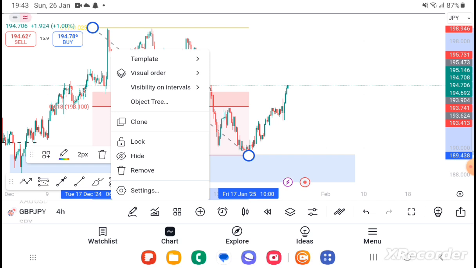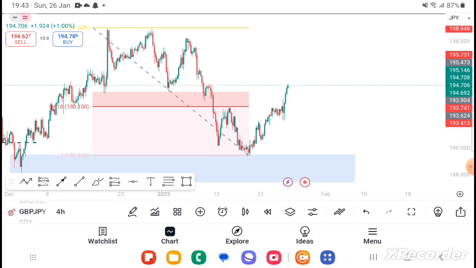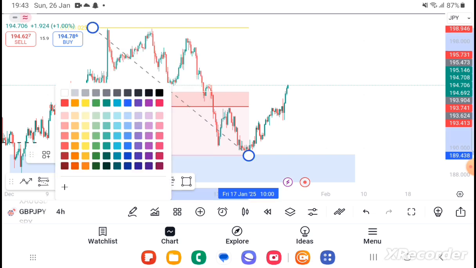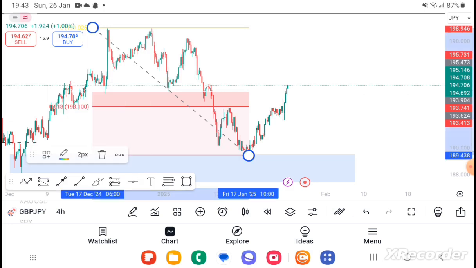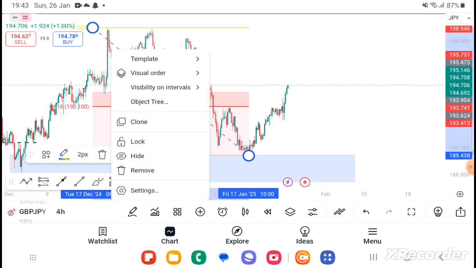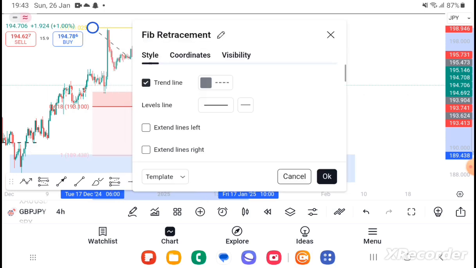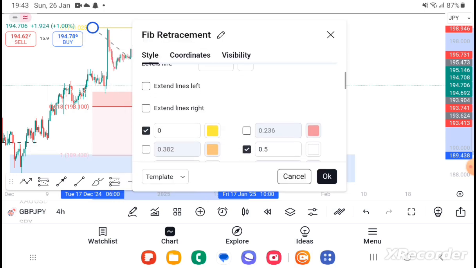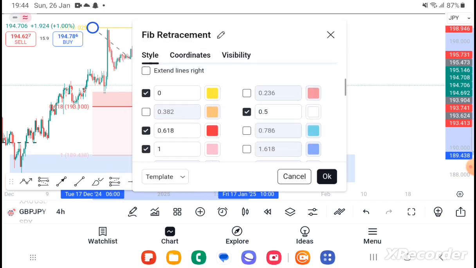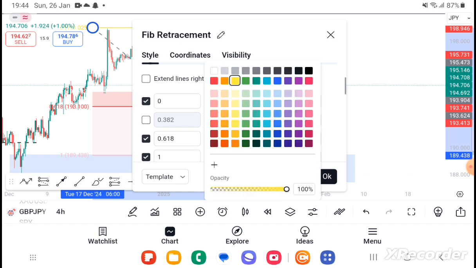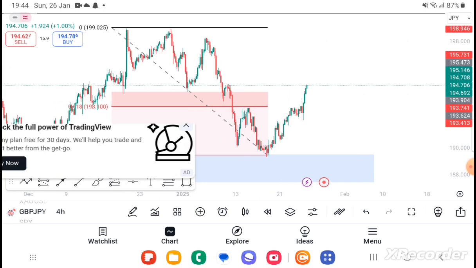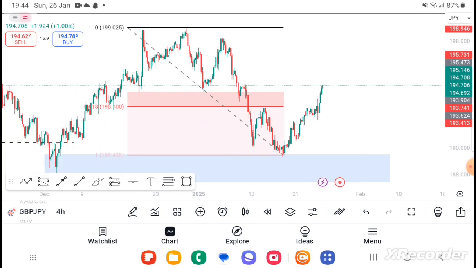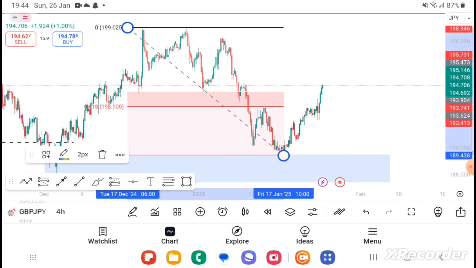Let me see whether I can correct some things. Let me see, what can I change? 0, so I want my 0 to be black. And then my 50%.